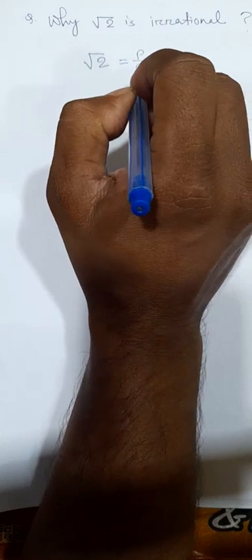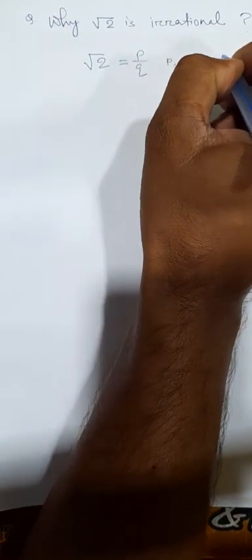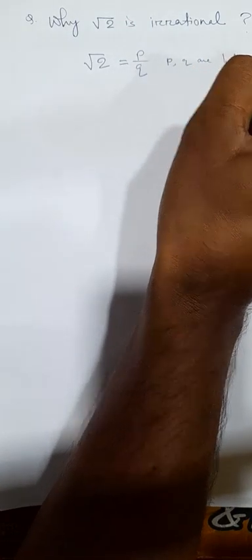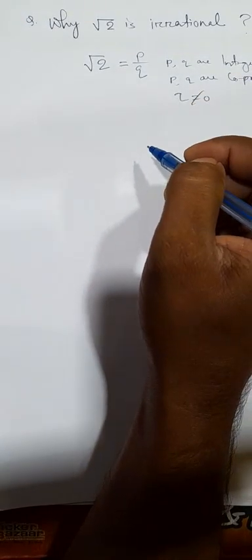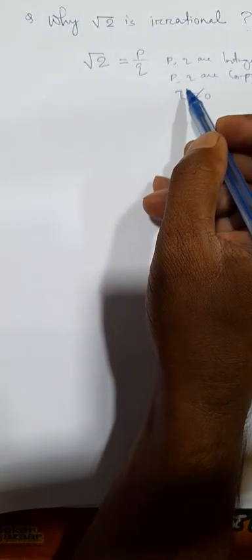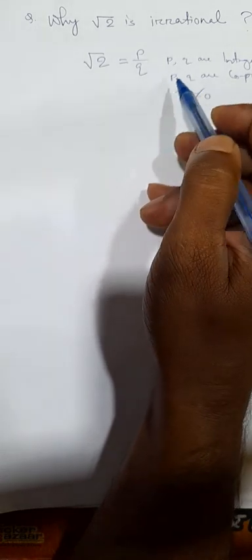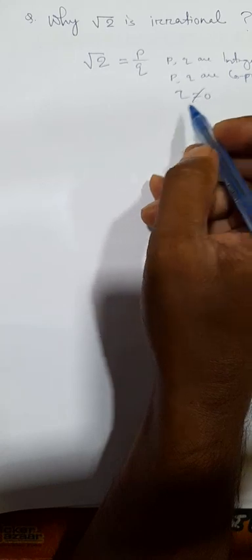Suppose p and q are integers, p and q are co-prime, and q not equal to 0. So here you are assuming that square root of 2 equals p by q, where p and q are integers, co-prime numbers, meaning they don't have common factors other than 1, and q is a non-zero integer.